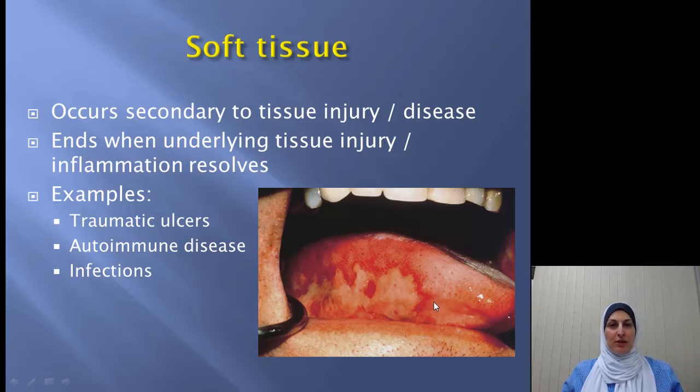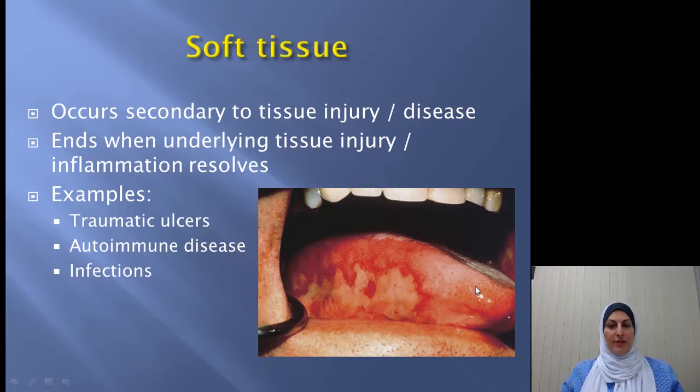Different mucocutaneous conditions or diseases might be presented in the oral cavity. Some of these you have discussed in oral pathology, and we will also reinforce the clinical presentation of these conditions in the oral medicine course next year, inshallah.